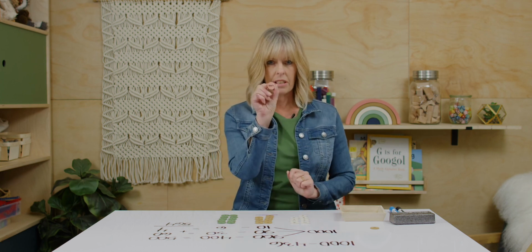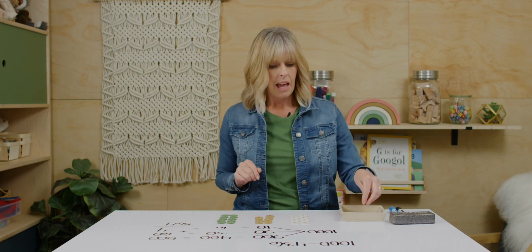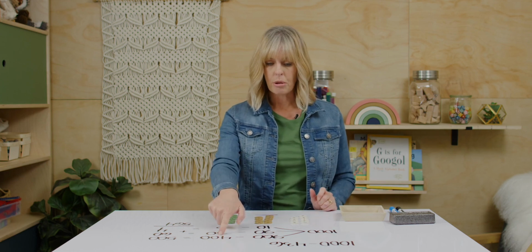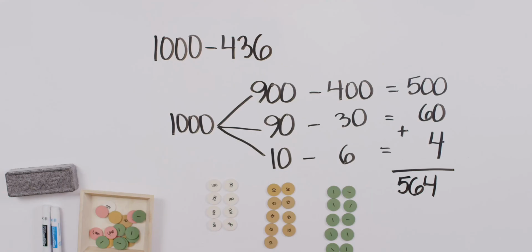So I'm going to take this 1,000 away. I don't need it anymore. And from our 900, if we subtract 400, 1, 2, 3, 4 from that, 30 from our 90, 1, 2, and 3, and then 6 from our 10, 1, 2, 3, 4, 5, 6. What do we have left?